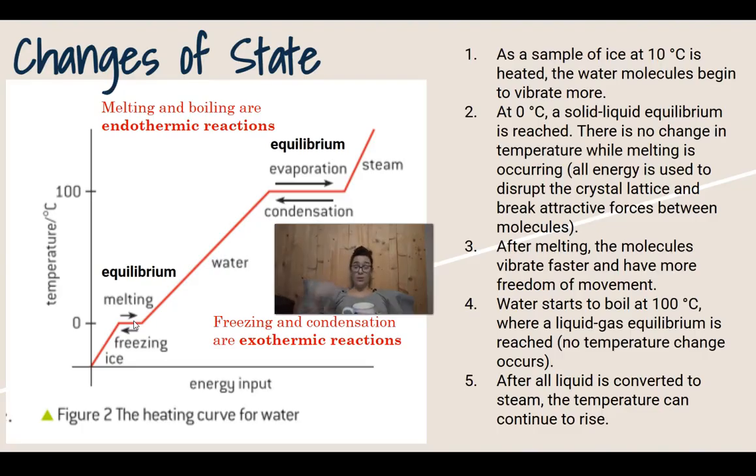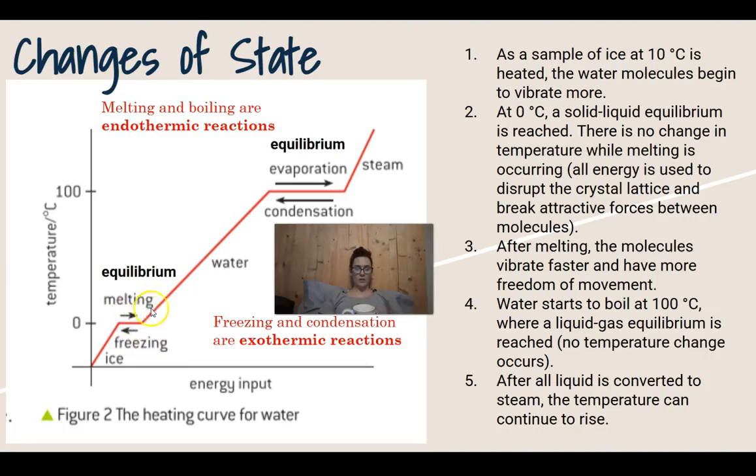All the energy being put into the ice is being used to disrupt the crystal lattice and break those attractive forces within that solid ice. So even though we're adding energy, the temperature does not change, because as soon as we add that energy, it's going towards breaking those bonds and it's not increasing the kinetic energy of those particles at that moment. So we're going to see a flat phase here, which is the equilibrium between melting and freezing.